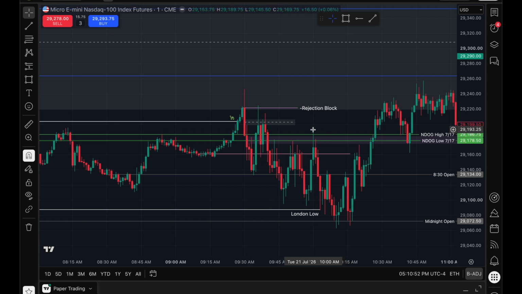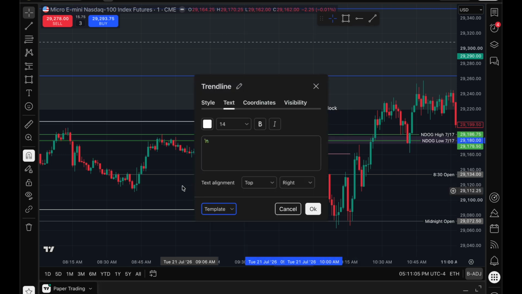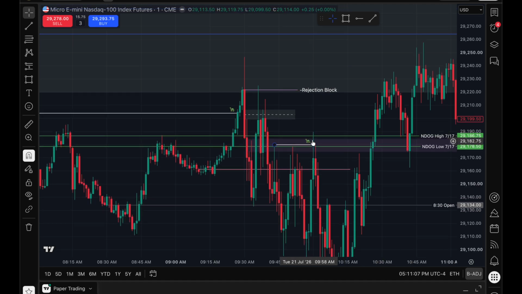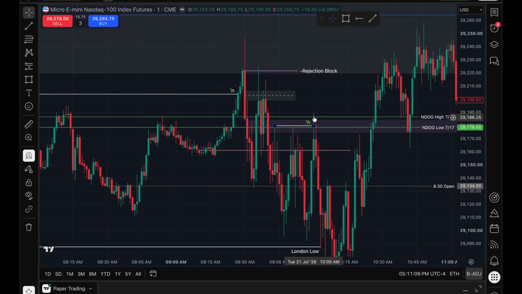And you see in the macro, this is kind of the last move that gave us the delivery we were looking for. The 10 o'clock candle trades up into the first presentation fair value gap and this old new day opening gap, with the wick wicking through the high. It runs out these short-term highs, turtle soup.